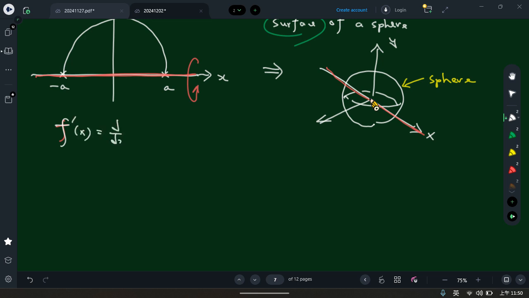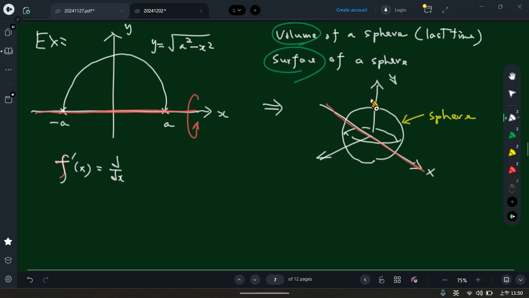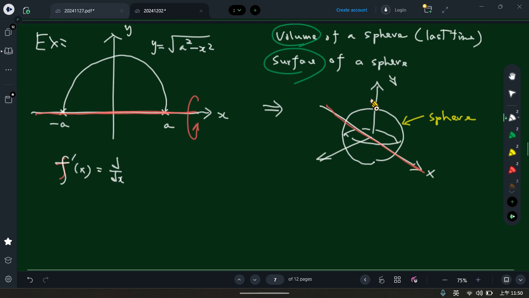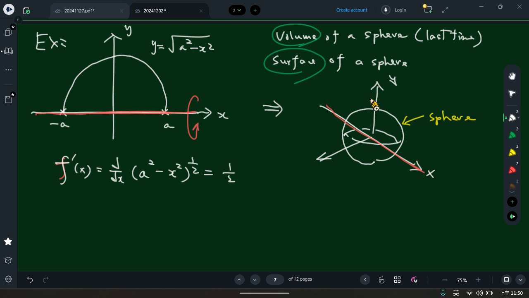That means we are trying to differentiate a squared minus x squared to the power of 1/2, right? So it will be 1/2 times a squared minus x squared to the power of negative 1/2 times negative 2x.